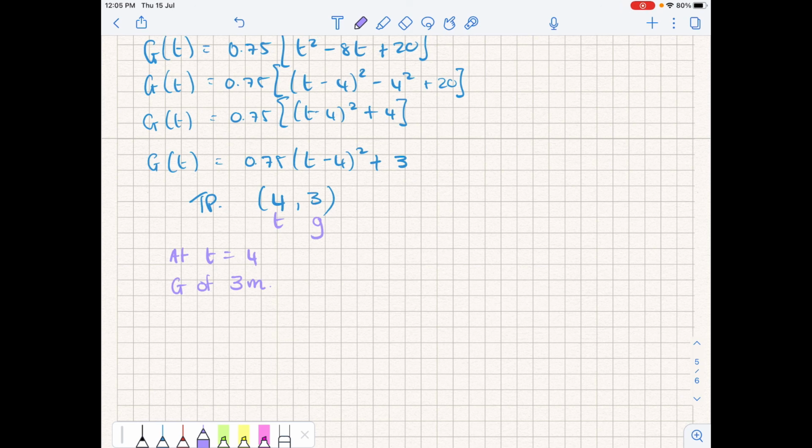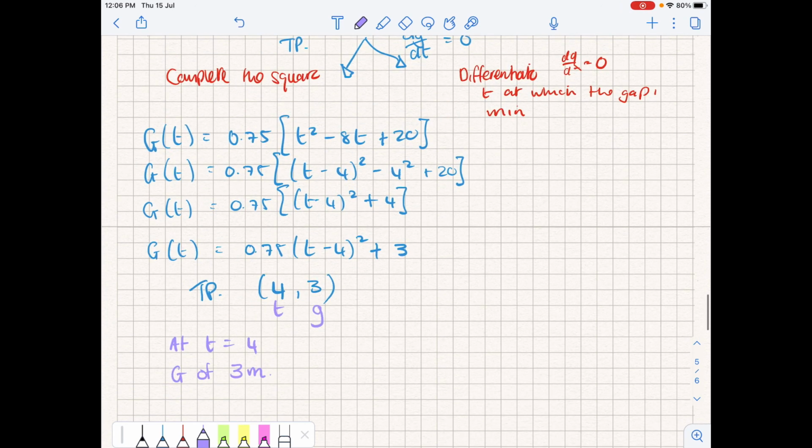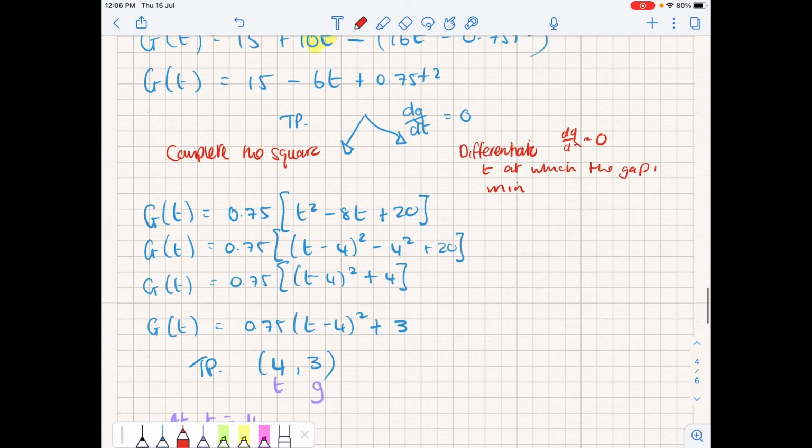Right, the alternative method to this would have been to differentiate the function and to find the value at where the derivative was equal to 0. This would give me the minimum value. Okay, so I'm going to take my function again, and I'll do it in purple or in red to show the difference.